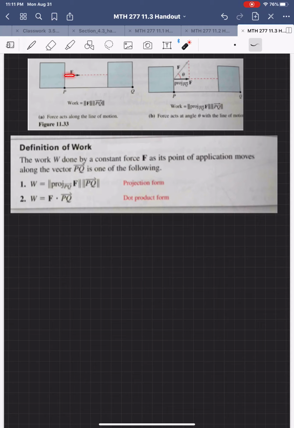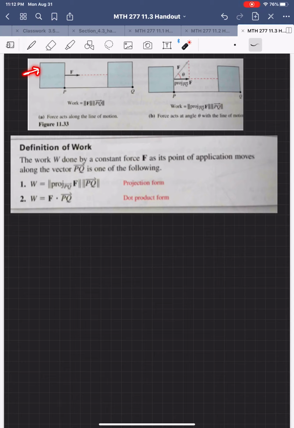That assumes that, just like I was talking to you about the refrigerator, you can get all of your force along the line of motion. If you're trying to push a refrigerator and you can put all of your force in this direction along the line of motion, well, that makes life a lot simpler if we're trying to figure out how much work is being done. But sometimes that's not possible. Sometimes you might have to have an angle, especially if you have two people.